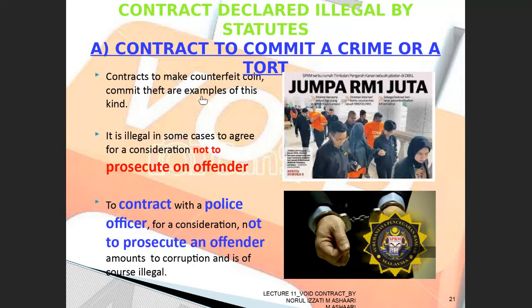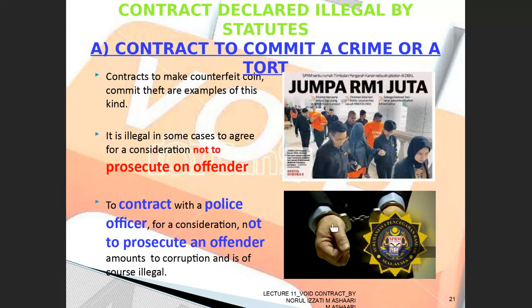Look at the first statement. This is also what I repeated earlier. It is illegal in some cases to agree, for consideration, not to prosecute an offender. For example, a contract with a police officer for consideration not to prosecute an offender. This is something like bribery.